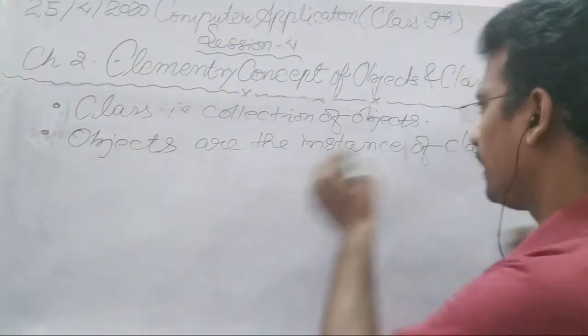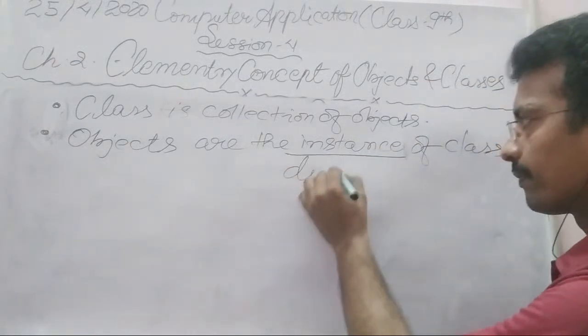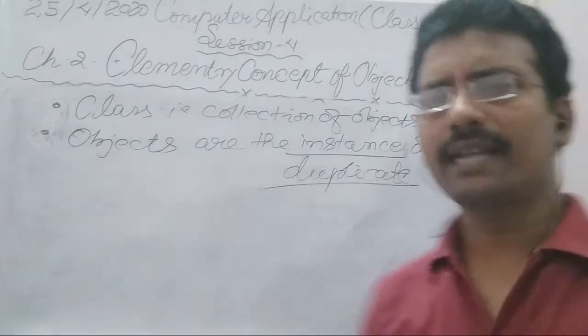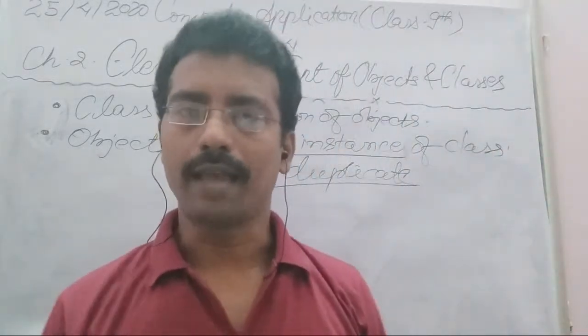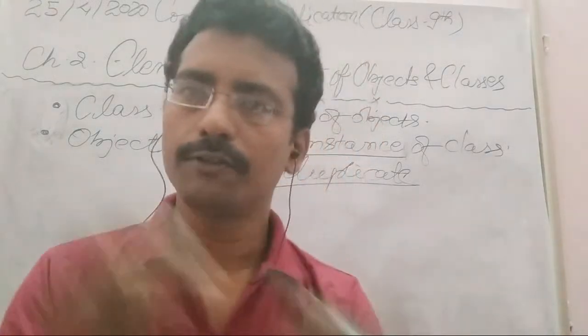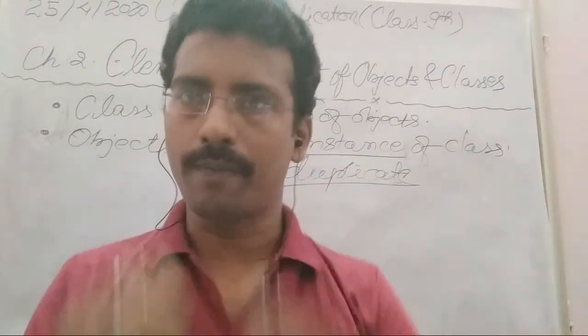Next, objects are the instance. Instance means duplicate. What is a duplicate? You go to a cyber cafe and say, I want a photocopy of this particular document.